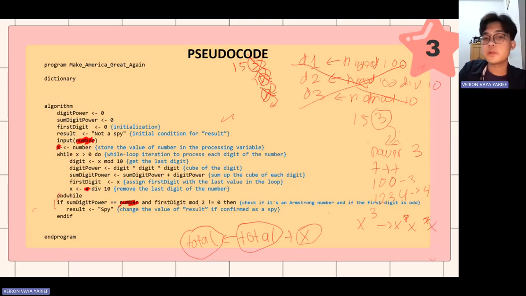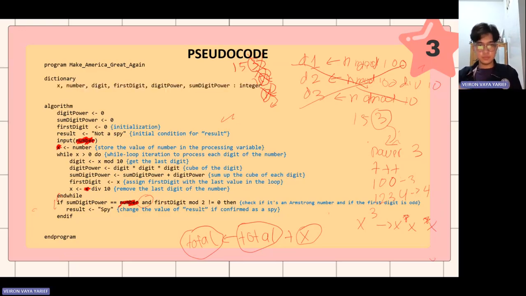If the number mod 2 doesn't equal 0, it's an odd number. So if this condition is true, we use and. If you see this, we use the and operation. If both conditions are true, then the result is spy. And the last thing we do is make the dictionary, and at the end of the day, output the result.